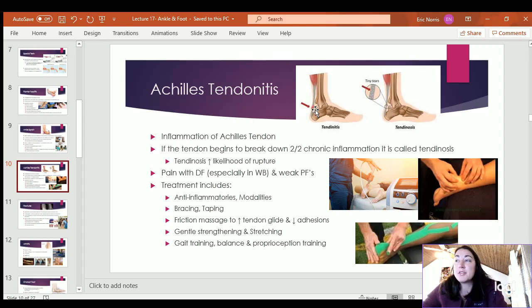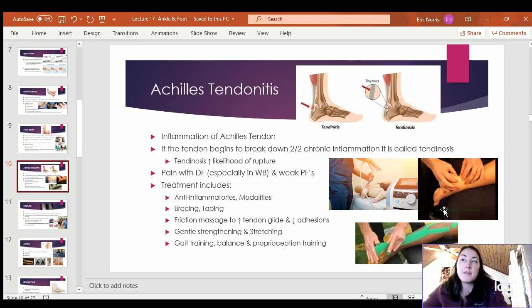Treatment, of course, just like with other tendonitis modalities, anti-inflammatories, if they need bracing or taping, friction massage to decrease the adhesions. That's one area I find a lot of adhesions when somebody has Achilles tendonitis, is in the Achilles itself becoming very firm.